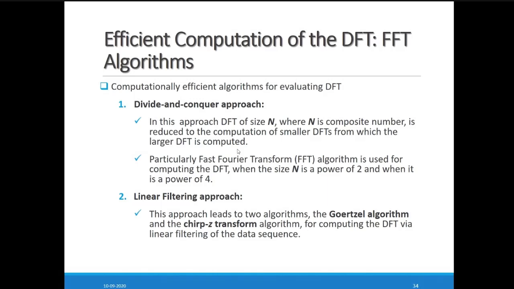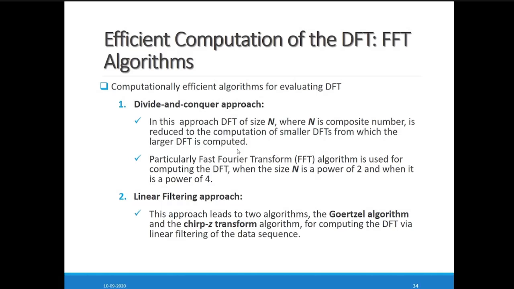So instead of directly applying the calculation on the larger sequence, which requires more time and complexity, we reduce it into smaller chunks, and we find the DFTs for those smaller chunks. Then we merge them, and we get the larger DFT. This is the term divide and conquer.